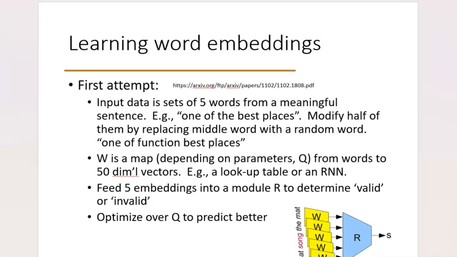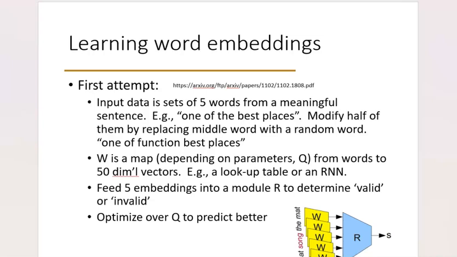So the first attempt to learn word embeddings involves taking a small window of text, say for example 5 words from a meaningful sentence. Okay, for example, one of the best places. And then change one of the words in this set of 5 words. So here we're going to change the word "the" with the word "function".